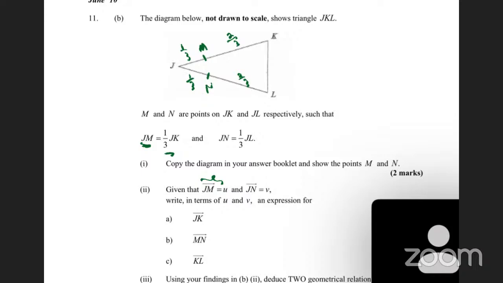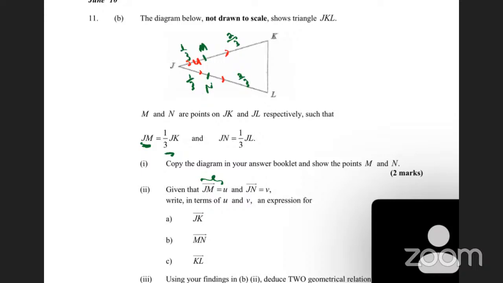They said JM is U, so I'm gonna put U here. Remember the arrow going this way. And what I also want you to know, if JM is U, what is MK? I'm gonna ask somebody. JM is U. What do you think is MK? Good job, Florals.